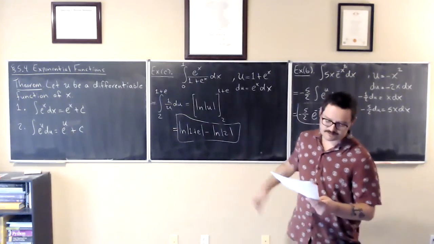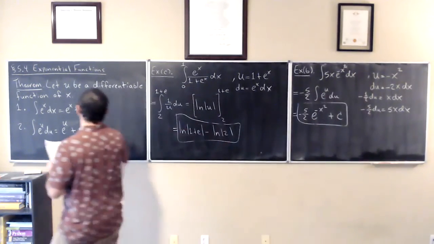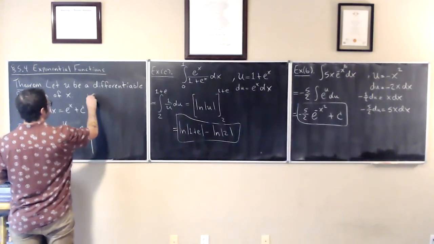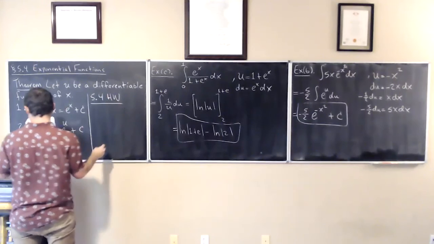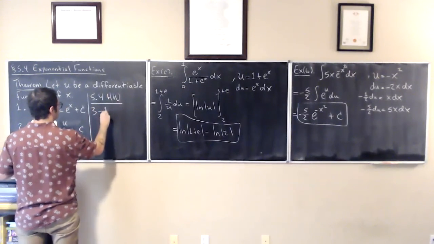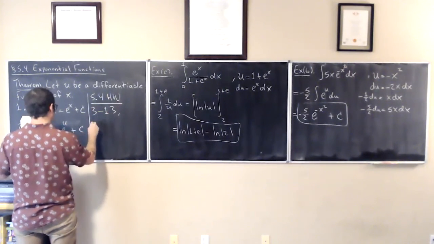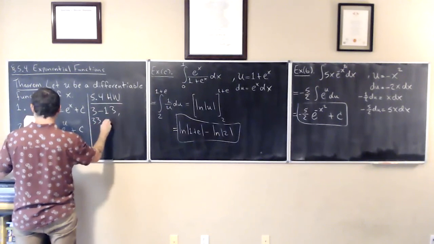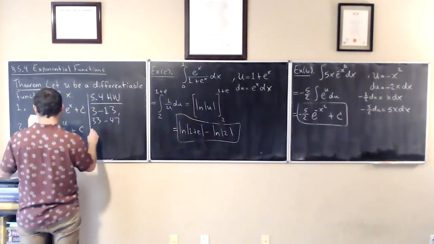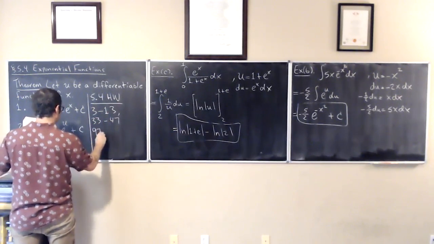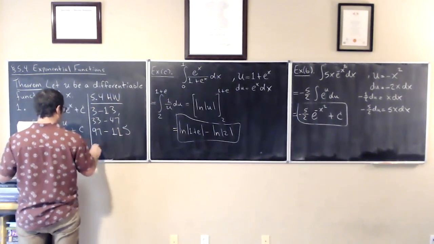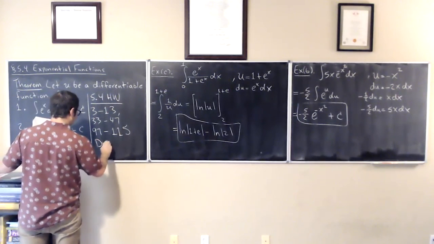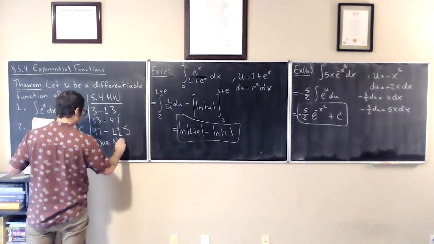For my students to see, I'll write it out first. 5.4 homework. 3 through 13, 33 through 47, and 97 through 115. And this is going to be due next Monday.